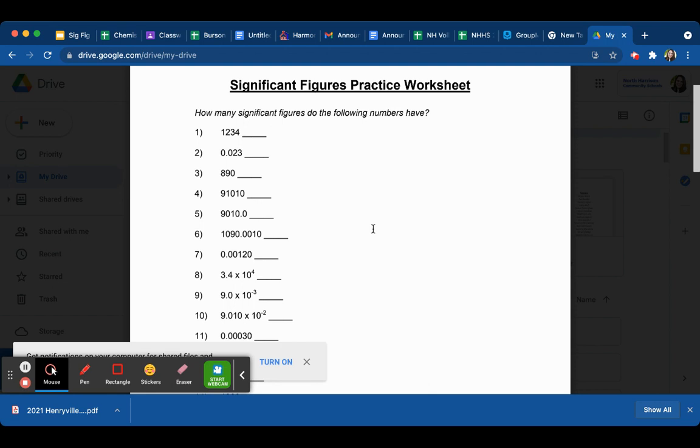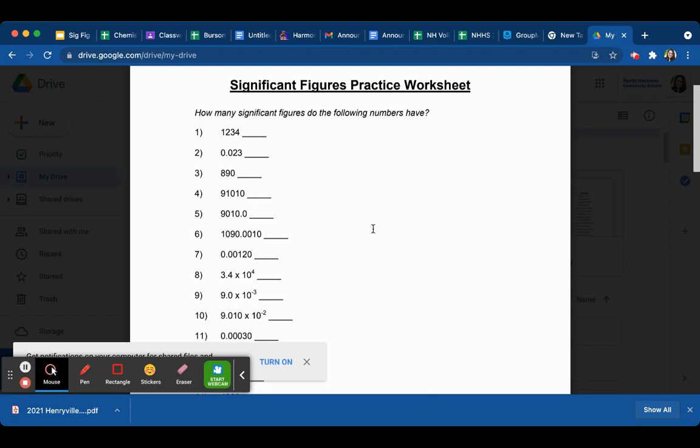These next two should be easier because they're already written in scientific notation for you. So, how many in number 8? No, whenever you're writing in scientific notation, you only use the sig figs in your coefficient. So 2. What about number 9?